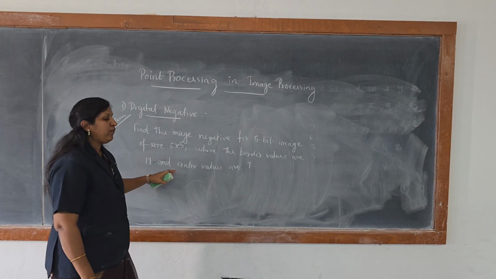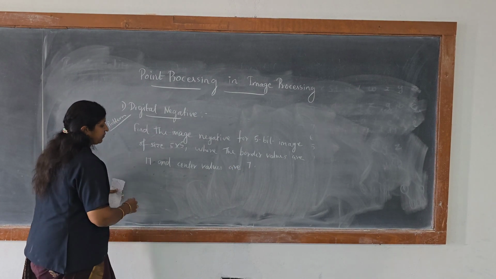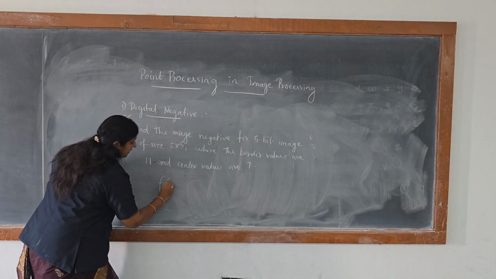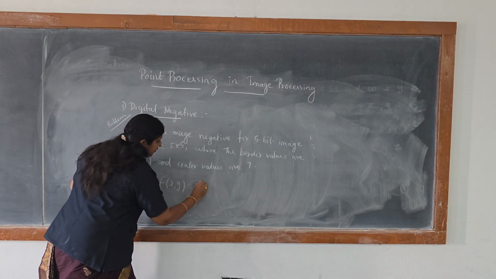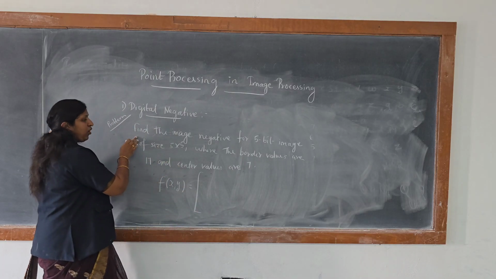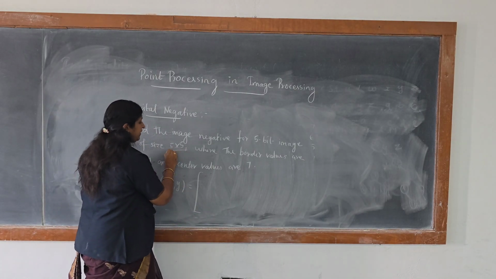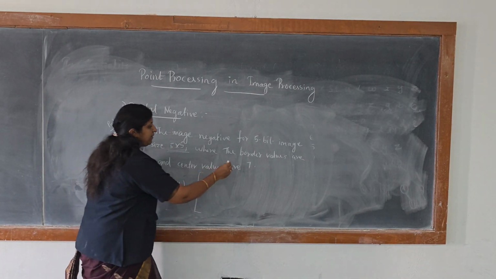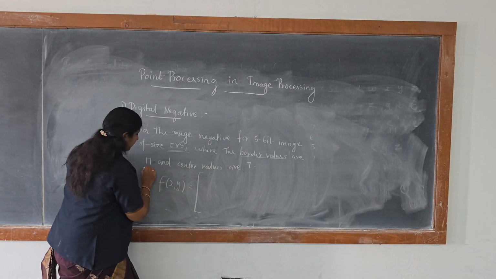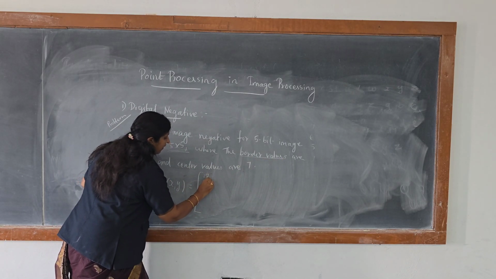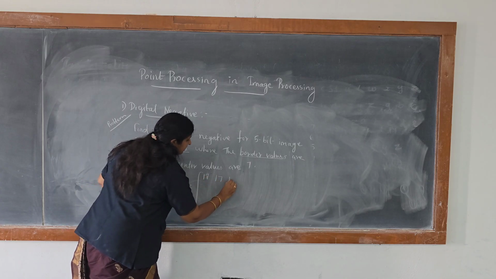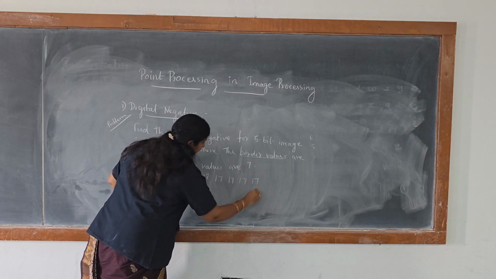Okay. Now we can form the input image. So the image matrix for the input image is f of x comma y is equal to, so in the problem statement they have mentioned it's a 5 cross 5 matrix and the border values are 17. Okay, so put 5 cross 5 matrix with border value 17 first. 17, 17, 17 and 17.